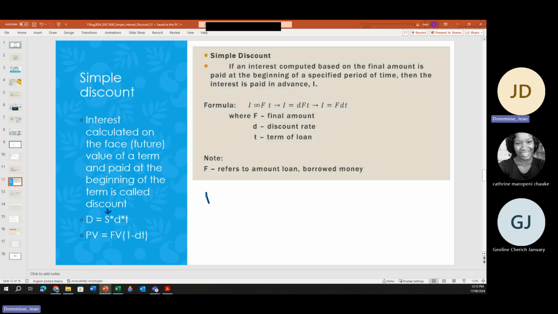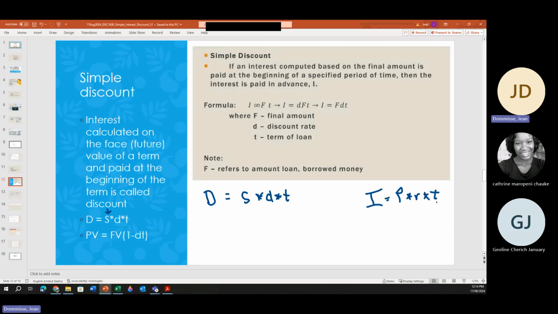So discount now is done with S times the discount times the T. Remember, if it was interest, it would have been your principal value times your interest rate times your term, sorry.